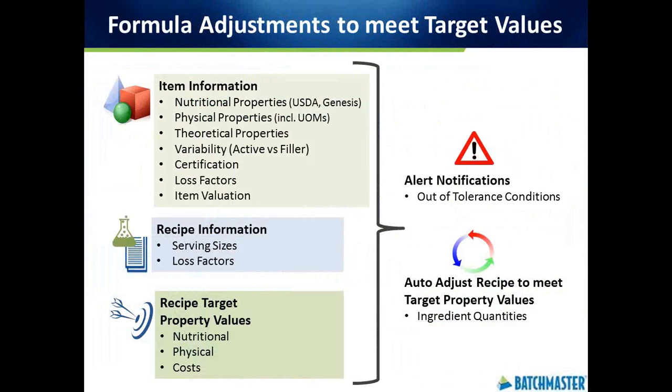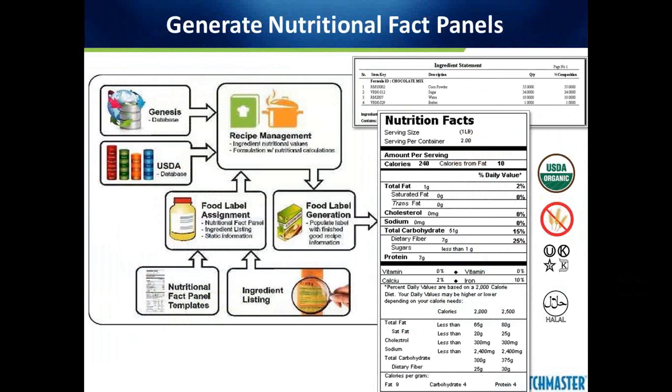That means adjusting certain quantities. An offshoot of that is the system can actually generate your nutritional fact panels for you. We're compliant with the various fact panel formats, as well as producing ingredient statements. That's all user-defined and has templates within the system.